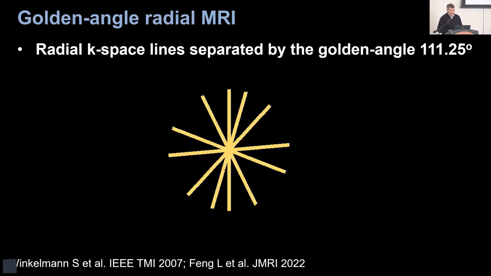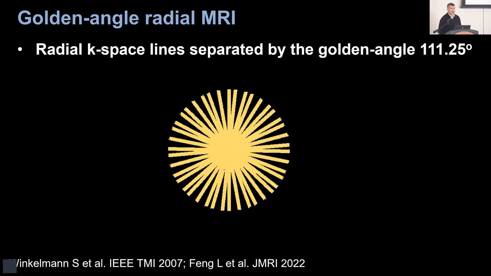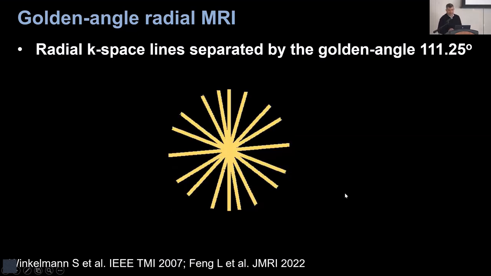One acquisition that we really love, and Dan already mentioned GRASP, we developed a few years ago when I was at NYU. It uses golden angle radial acquisitions, where spokes are separated by the golden angle, which in 2D is 111.25 degrees.